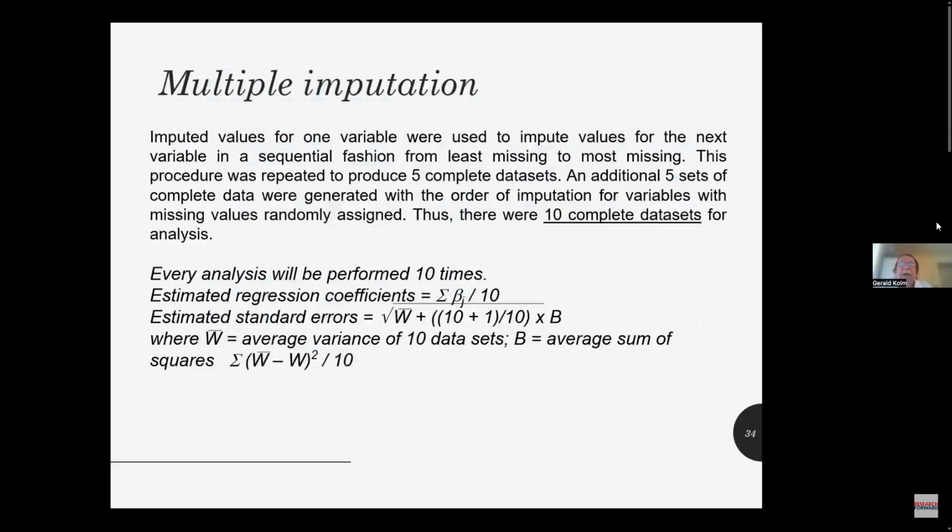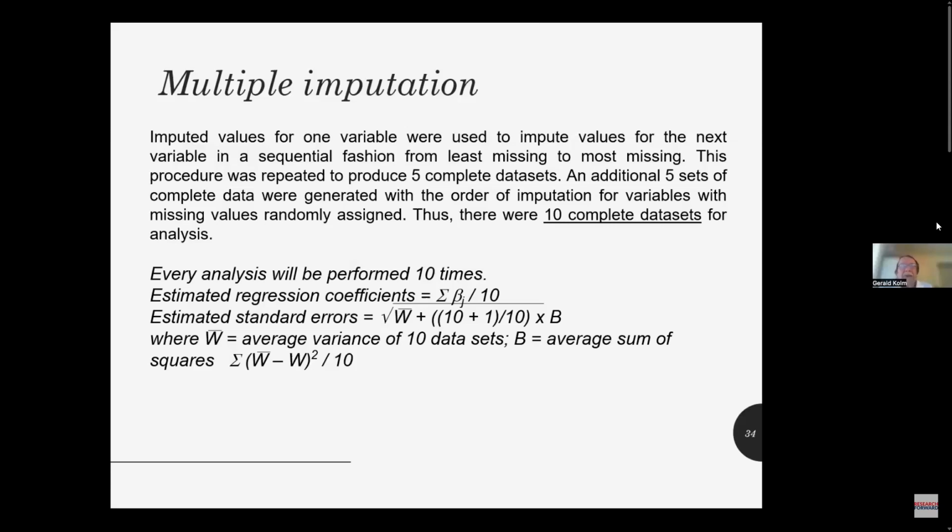So what we're going to do, and I'm not going to go into any more detail on this, is build data sets that have no missing values using our imputation methods. I did 5 data sets where I imputed values to missing data in the order of how much missing there was.